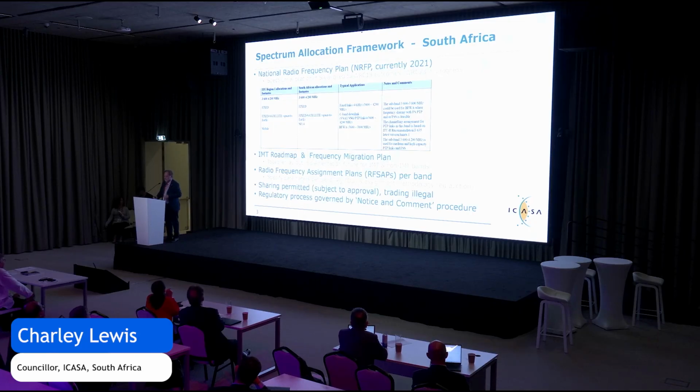The current version is a 2021 version, which takes into account the outcomes of WRC 19. We are in the process of completing the update to cater for the outcomes of WRC 23. A second draft has recently been released and is up for consideration.